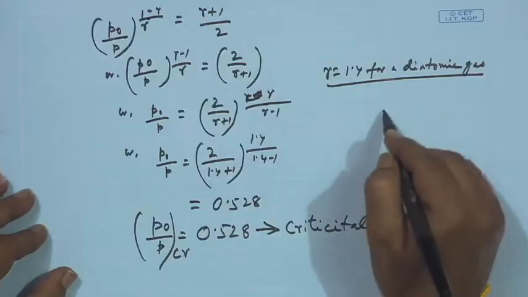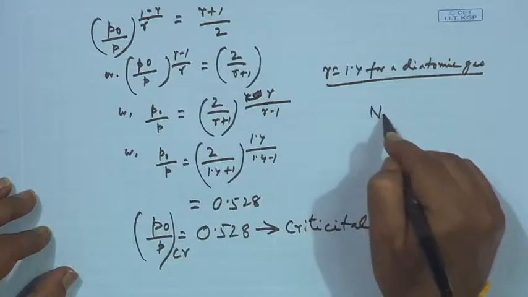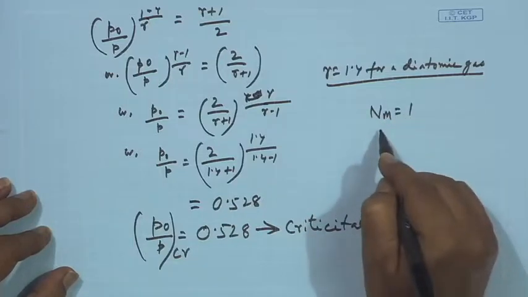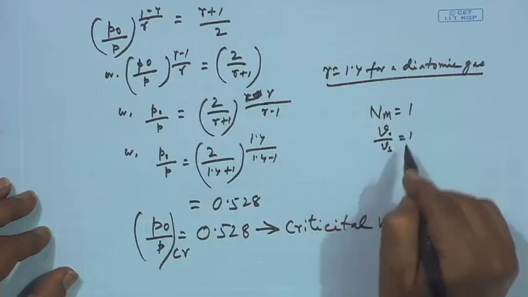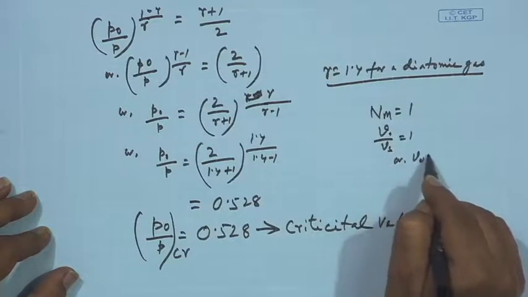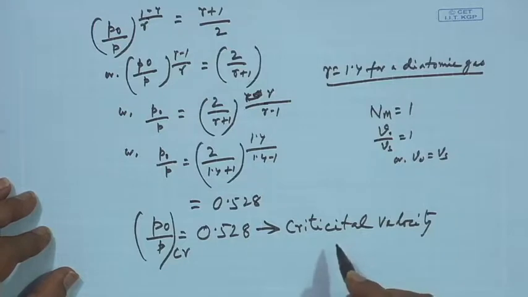That means this velocity has become the velocity of sound, because this is what we showed earlier, that Mach number is equal to 1, that is V0 by Vs equals 1, or V0 is equal to Vs, right.